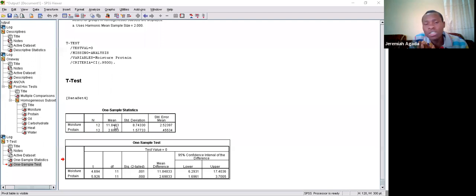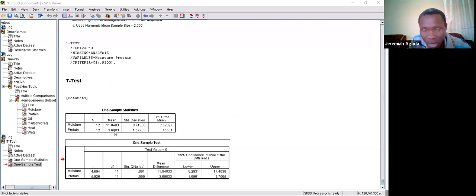So all the moisture received for soybean, local and genetically modified, rice, local and genetically modified, all the moisture content, we join them together and got the mean 11.85 in 2 decimal places. And then for protein also 2.69.